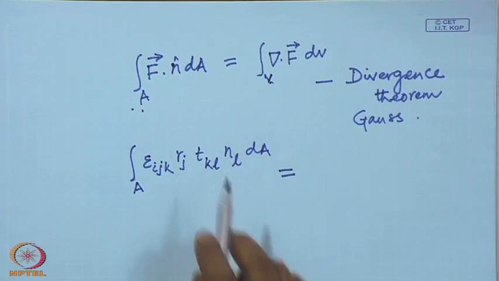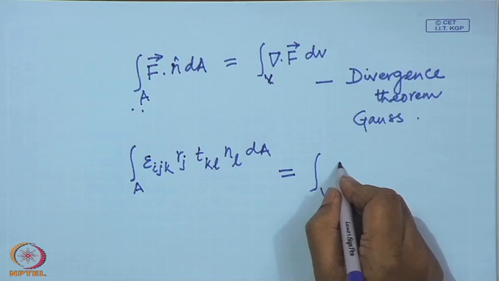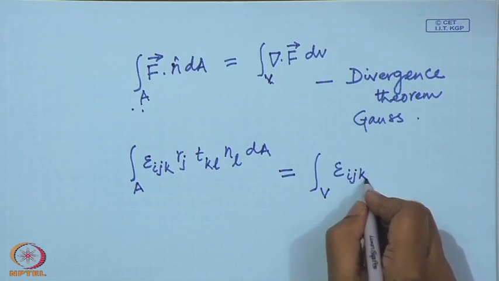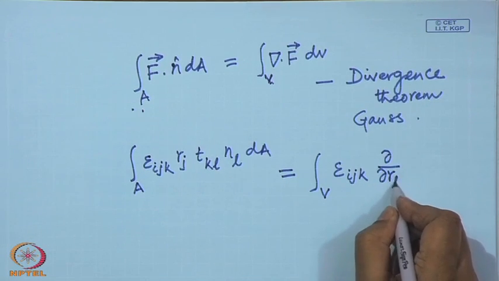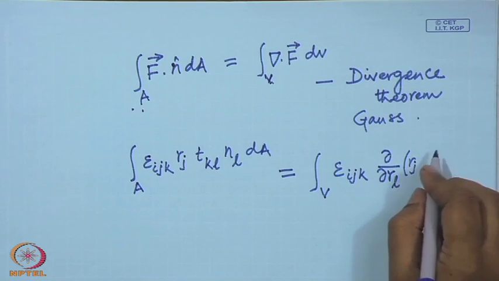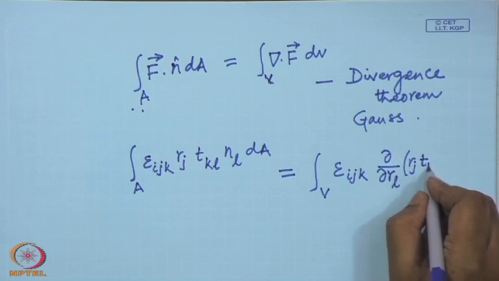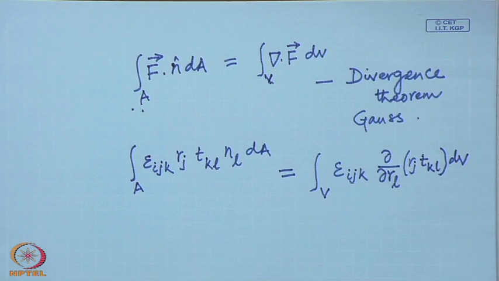Okay. This we are applying this divergence theorem, which will result epsilon I j k divergence of r j T k L. It seems that perhaps while writing this, I wrote N L also on this right hand side.